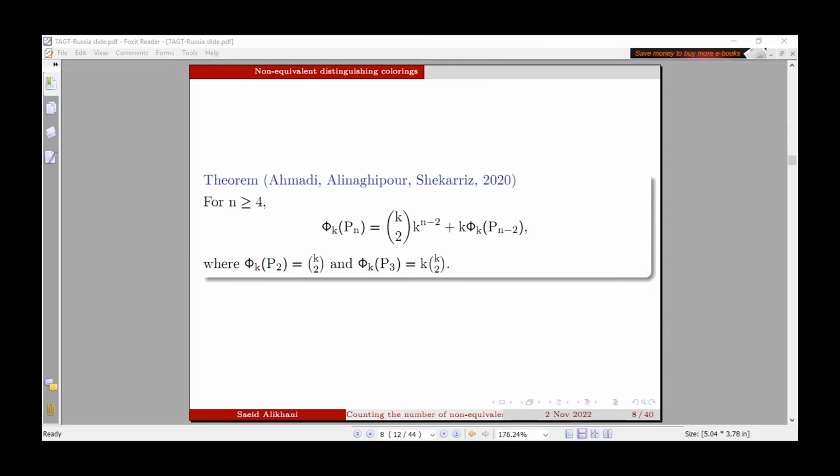Then I should color the internal path P(n minus 2) with a distinguishing coloring, which by definition is capital phi sub k of P(n minus 2). So by the addition principle, we have this result. The result is not so hard, and I think it is the first result in counting the number of distinguishing colorings of a graph.